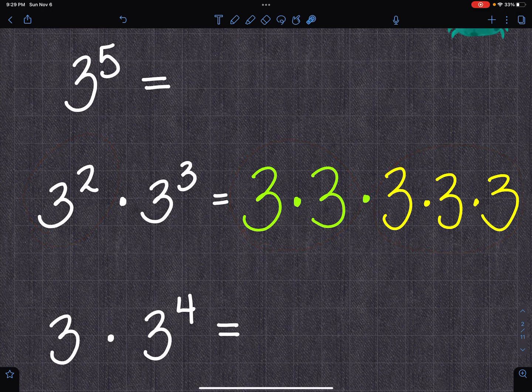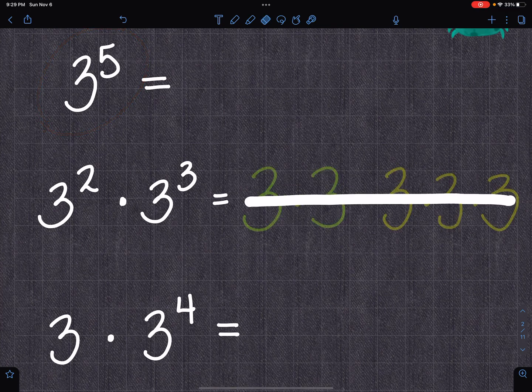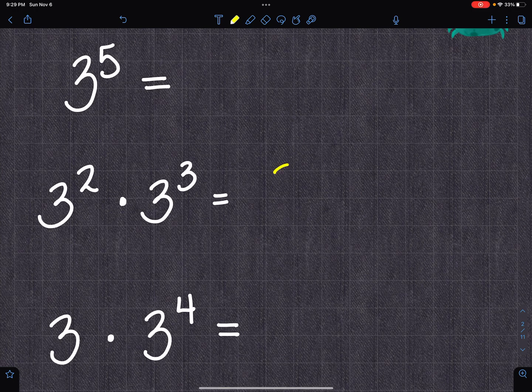How many 3's do we end up having? We have 1, 2, 3, 4, 5, which is funny because that's the example that we started out with. So now we know that 3 raised to the 2 power times 3 raised to the 3 power is the same as this. So this whole thing can be written as 3 raised to the 5th power.